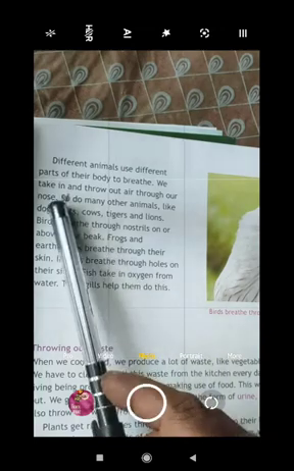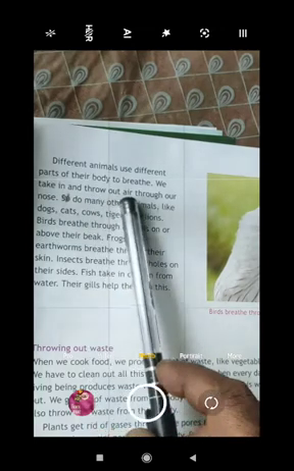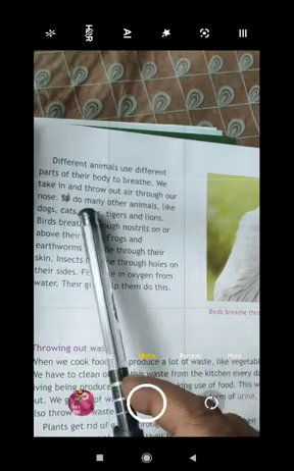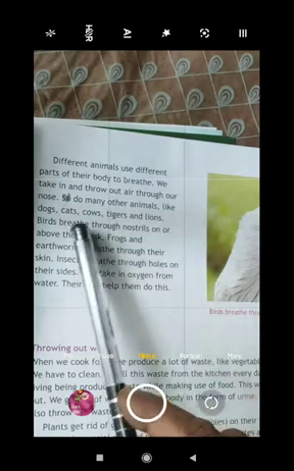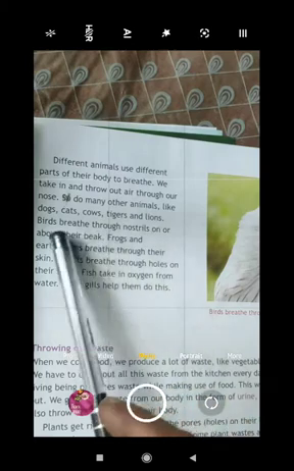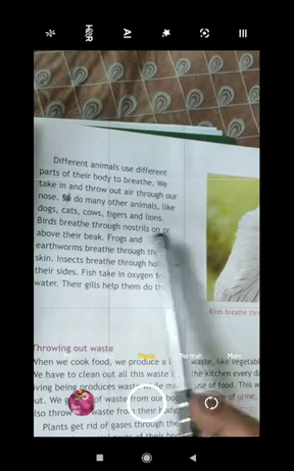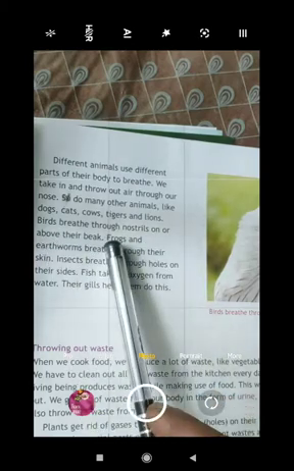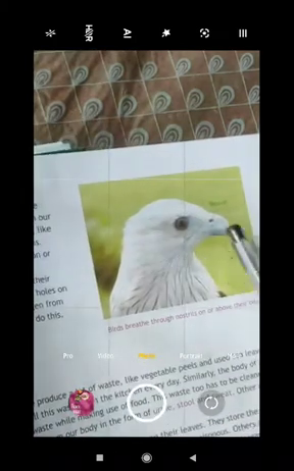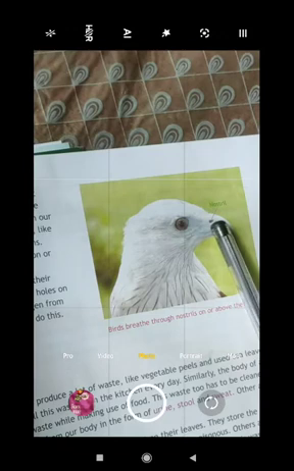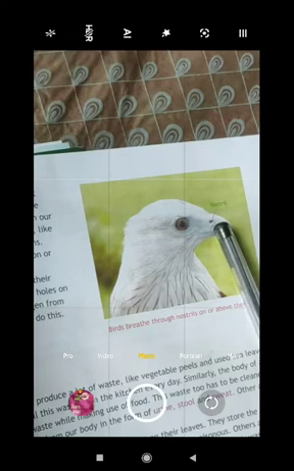We take in and throw out air through our nose. So do many other animals like dogs, cats, cows, tigers and lions. Birds breathe through nostrils on or above their beak. This is the nostril actually. This part is the nostril. Even human beings have nostrils through which we breathe.